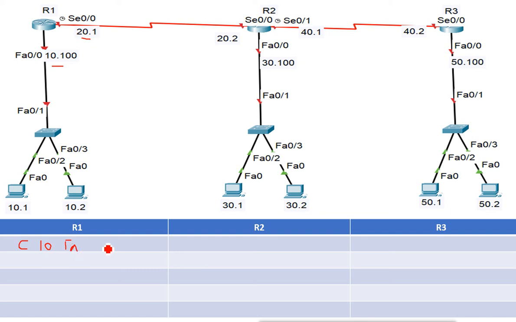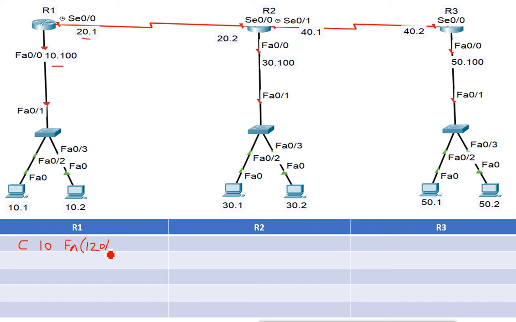Because it is the RIP protocol, the AD value for RIP is 120. And because the network is connected, how many hops will we take to reach it?